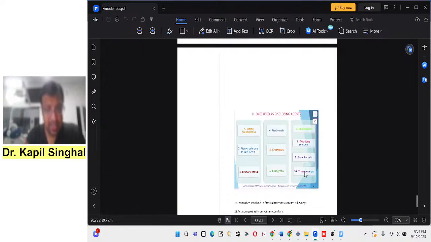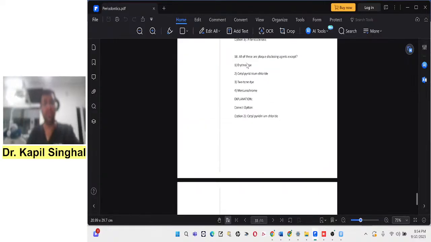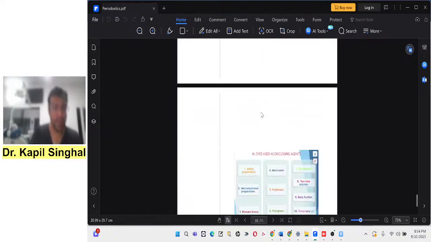All these are disclosing agents. Now let's see the options. Erythrosine is there, two-tone dye is there, mercurochrome is there. Cetylpyridinium chloride is an antiseptic agent, not a plaque disclosing agent. So the answer here would be 2.